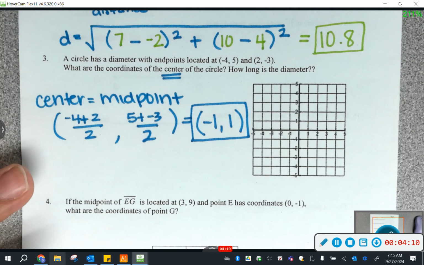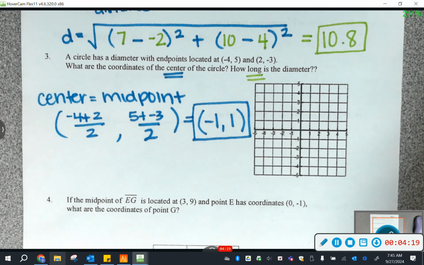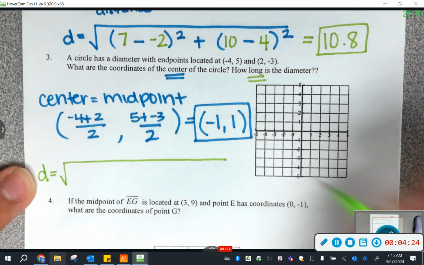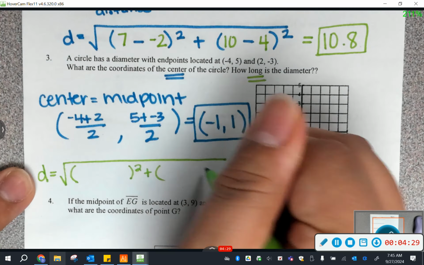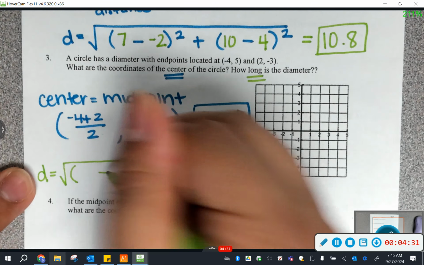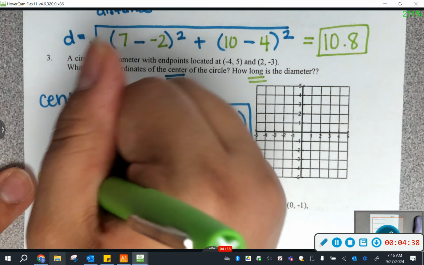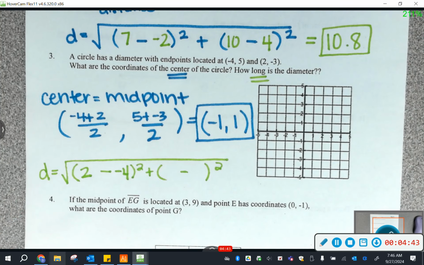Okay. Yeah, that's right. Okay. How long is the diameter? What is long asking for? Distance, the length. So again, I'm going to do distance formula. What is your second x? And your first x? -4. Don't forget that negative.